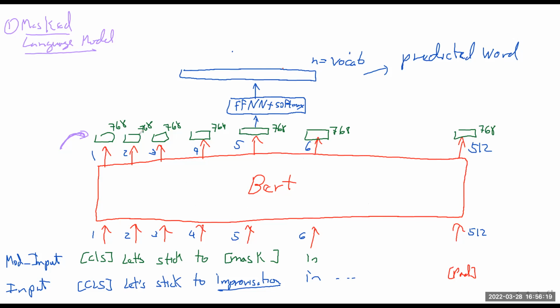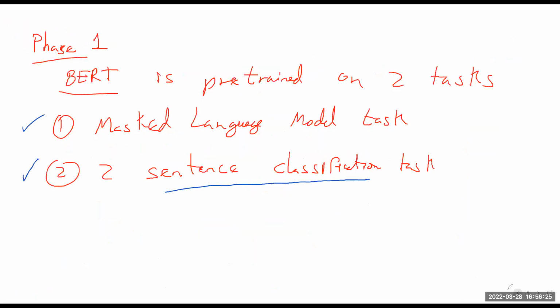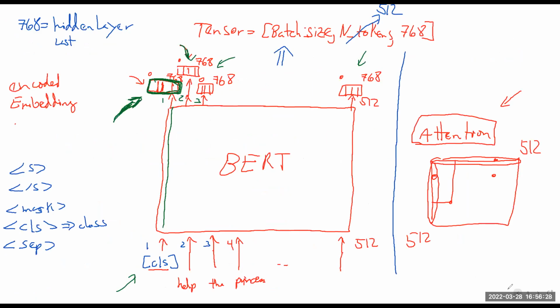So these are the embeddings that we can create. Let's say that you have a whole sentence, right? And you wanted just one embedding of size 768 for the whole sentence. What do you think you could do?